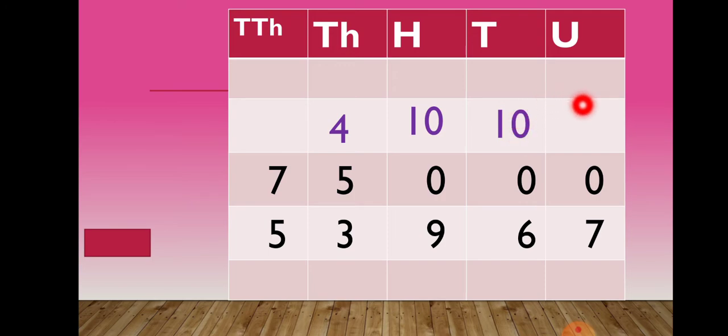When 100 gives 100 means 10 tens, here remainder 900. How many remain? 900. Now 10 given to unit place, 1 tens means 10 units.